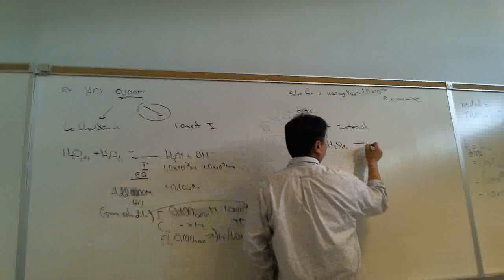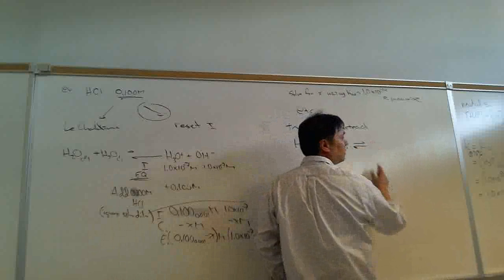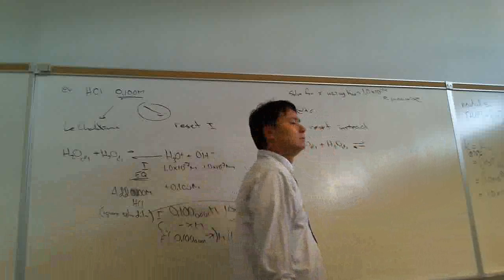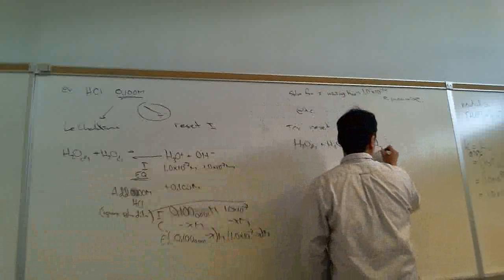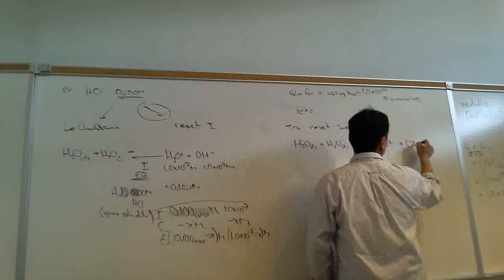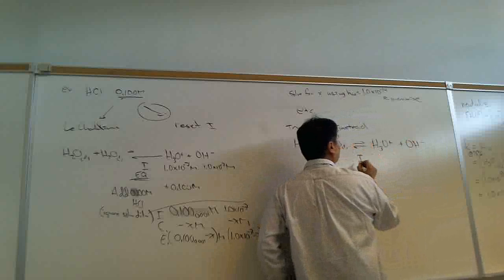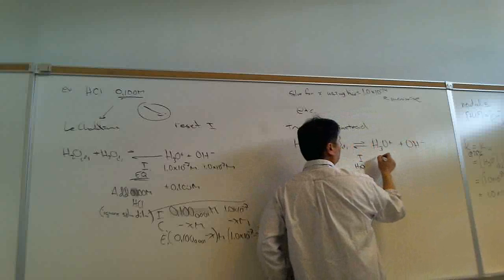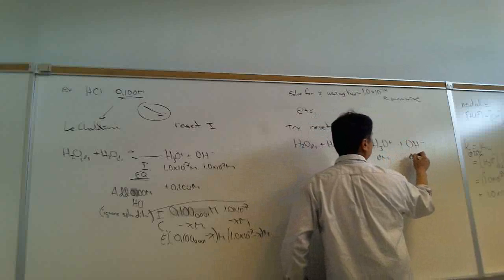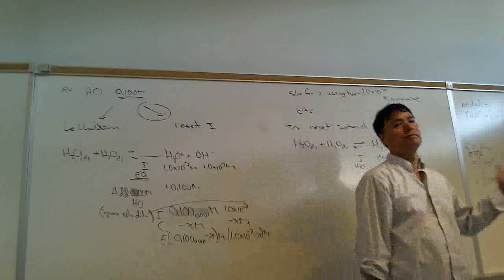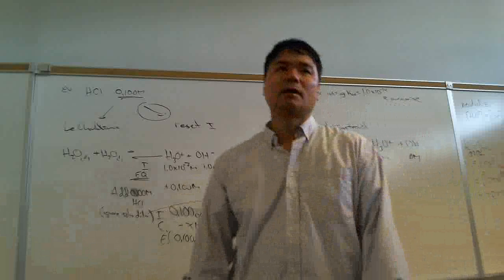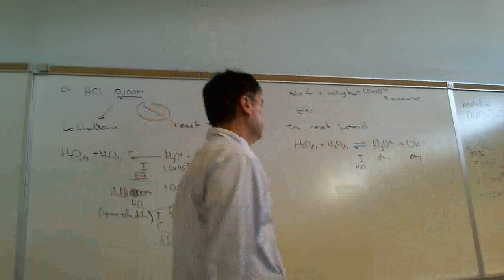What we're going to do is we're just going to pretend none of the water has collided. So we push all the water molecules to the left. Initial from water: 0 molar, 0 molar. Right? And so we reset the water equilibrium to the left.